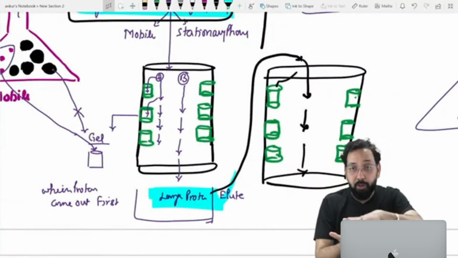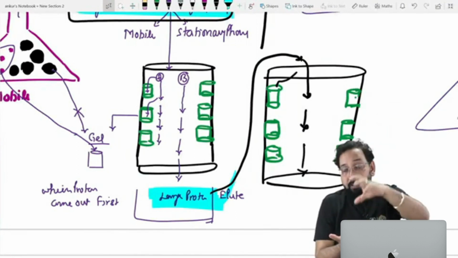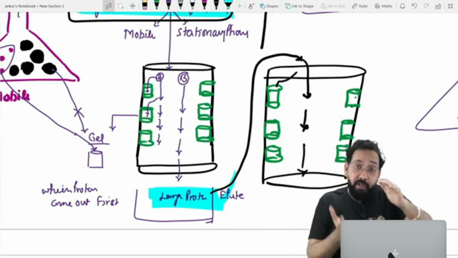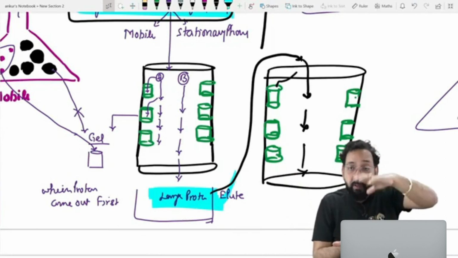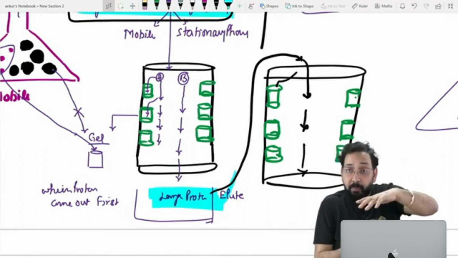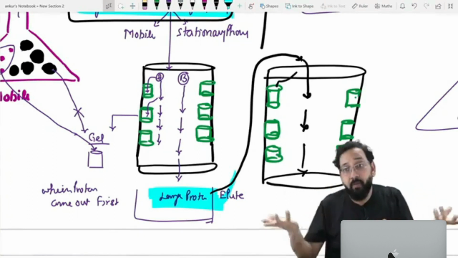That means one cycle takes 1 minute, and I told you multiple cycles are done. If I increase the pressure, in 1 minute suppose 100 cycles can be done.